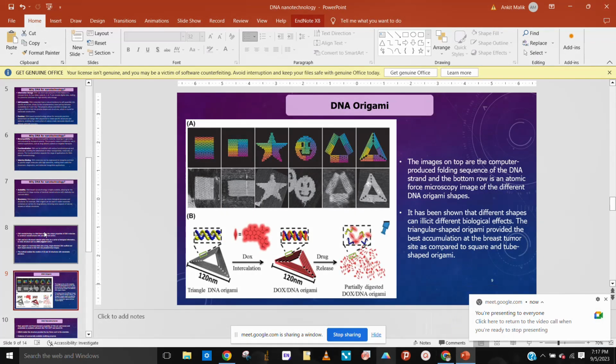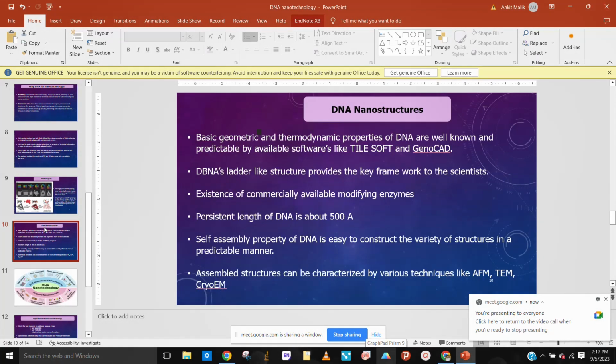So moving forward, DNA nanostructures. Basic geometry and thermodynamic properties of DNA are well known and predictable by available software like TileSoft and GenoCAD. So we can predict the thermodynamics and DNA geometry by using this software available in the market called TileSoft and GenoCAD.